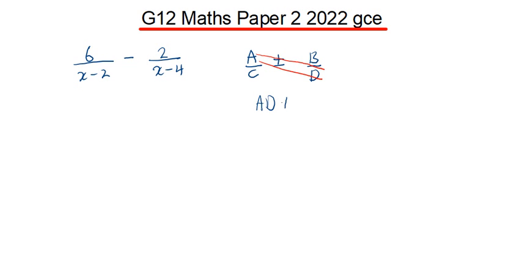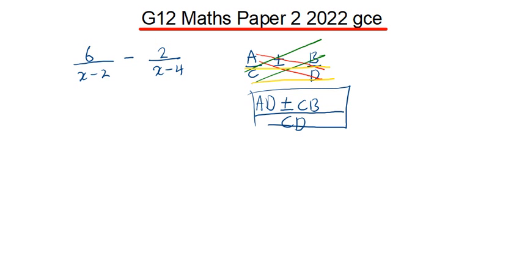Then we maintain the signs there. Then we also multiply the minor diagonal, which is cb. Then what follows is that we now multiply the denominators, which is c and d there. What are we going to get? We're going to get cd, like that. So we have expressed this as a single fraction.